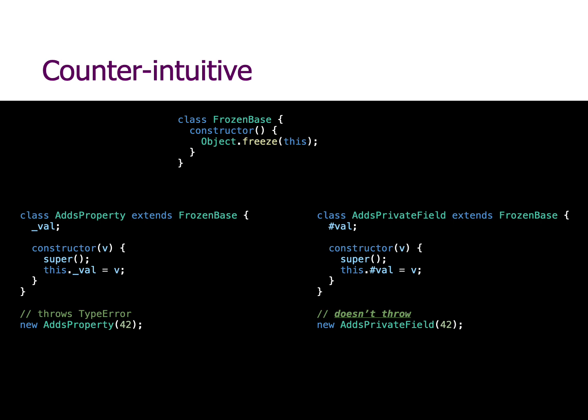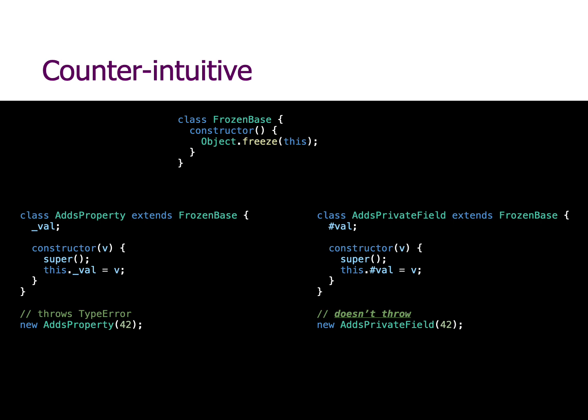On the left, the add property subclass adds a public named property to this, but it's doing it, of course, after the super returns. Before super returns, there is no this that's in scope. And once super returns, this will, as you expect, throw a type error.